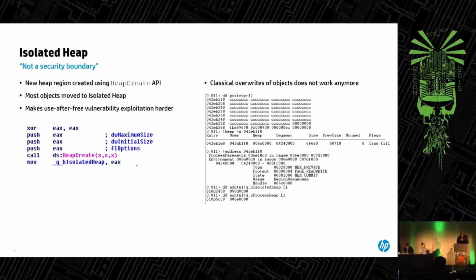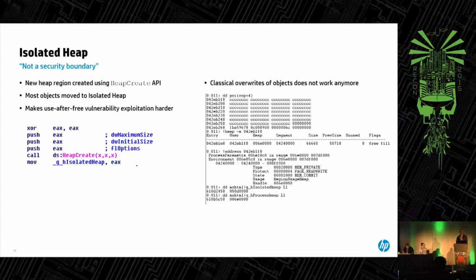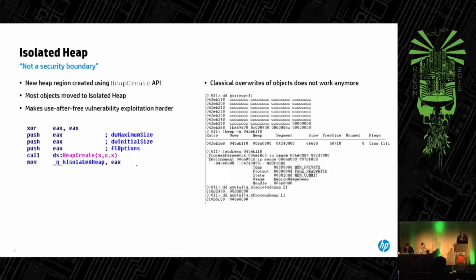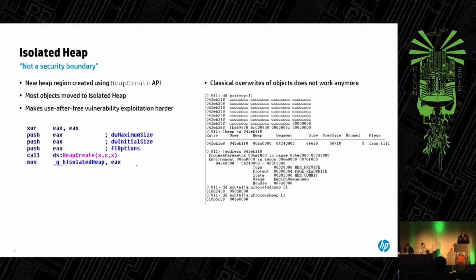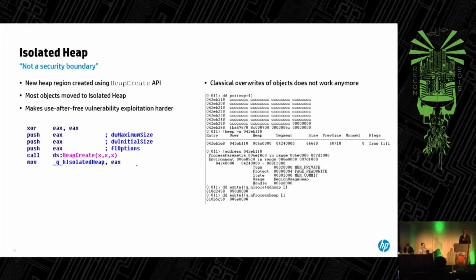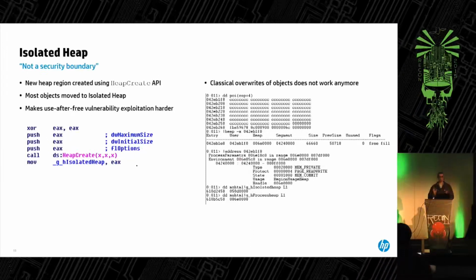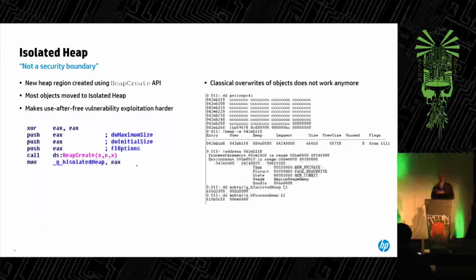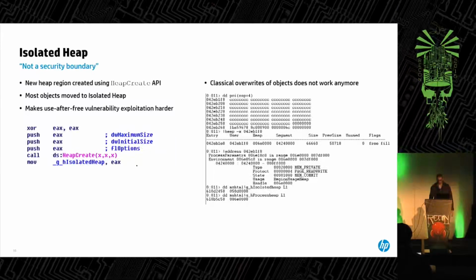This was really interesting from an exploitation point of view because it made things harder, as the classical ways of overriding freed objects, like using strings, would not apply anymore to a lot of DOM objects because they have been moved to a separate heap. The classical string allocations are kept in the process heap.